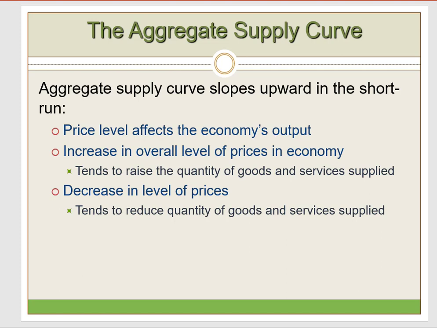First of all, let's describe what aggregate supply is in macroeconomics. We know in microeconomics, the supply curve shows the relationship between quantities of output of a single product, let's say apples, and the prices of this output.